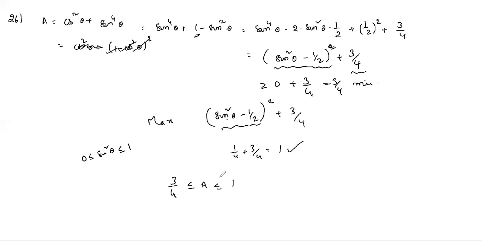Could you please explain the minimum part again? 3 by 4, second option. Already we did this one. Sir, none of the options has the answer which you got. What options are given? 3 by 2 minimum value?